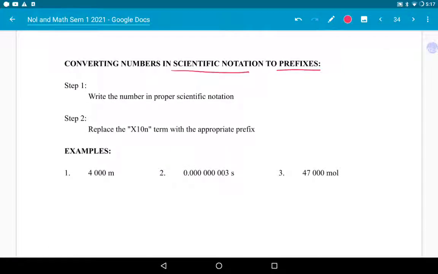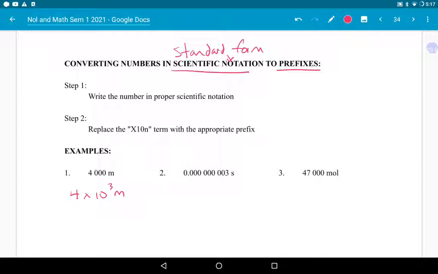This should say standard form. We go from standard form to scientific to prefixes. So I'll show you how that works. For example, let's say we want to write 4,000 meters with the proper prefix. Well, we know that's 4 times 10 to the 3 meters.